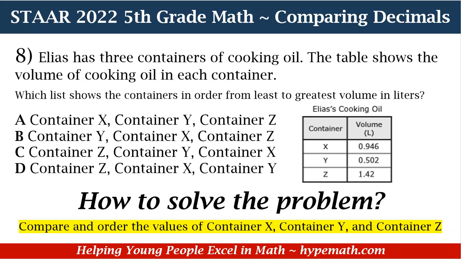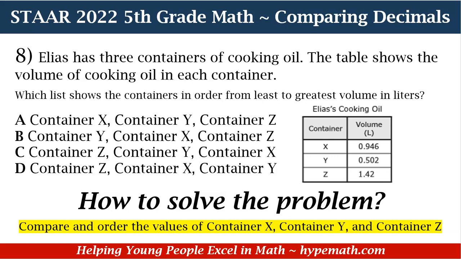In the tens place, container X has a 9 and container Y has a 5. Since we're ordering from least to greatest, our first container would be container Y because it's 502 thousandths, and then it would be container X, which is 946 thousandths. And the last one, which is container Z, is 1 and 42 hundredths.